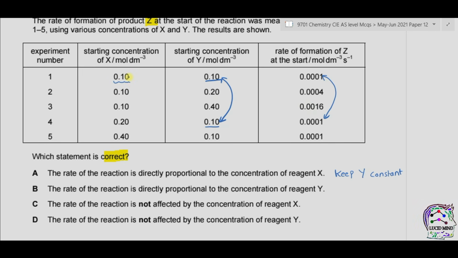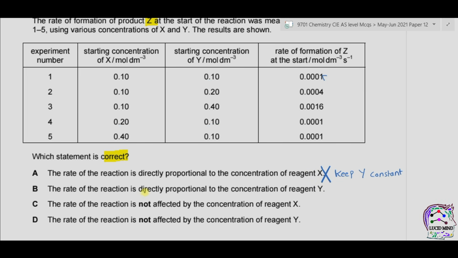The concentration of X is 0.1 and now it has increased to 0.2. The concentration of Y remains constant and the rate of reaction is also constant. So it means that the rate of reaction is not directly proportional to the concentration of reagent X. So part A is wrong.